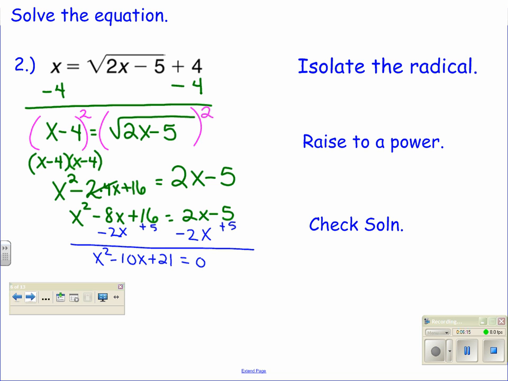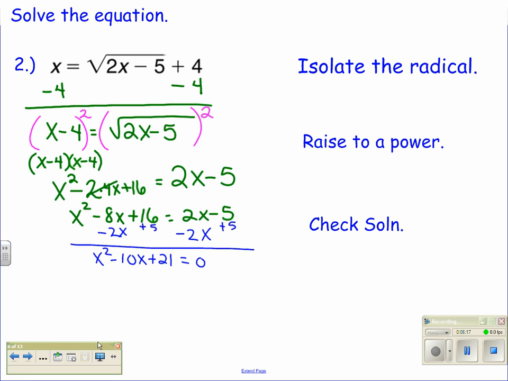And now I think I'll use factoring from here because this will factor very nicely. x minus 7, x minus 3, 7 times 3 equaling the 21. And finally, the solutions would be x equals 7 from our first factor, x equals 3 from our second factor. We should plug those in, make sure that the solution checks out.